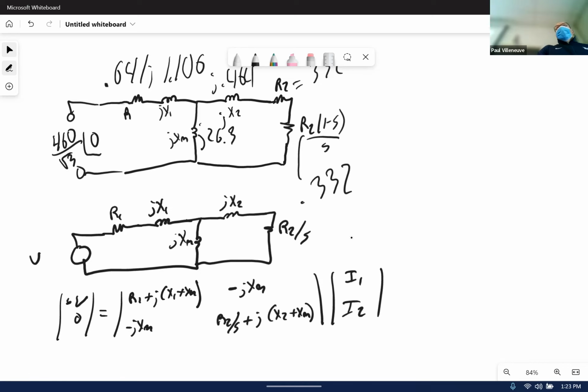Anybody not see how I got that? Mesh. Whenever you're in series, it's always better to do mesh. Does everybody want to see me write it out? Would that be better? Yeah, probably once more.